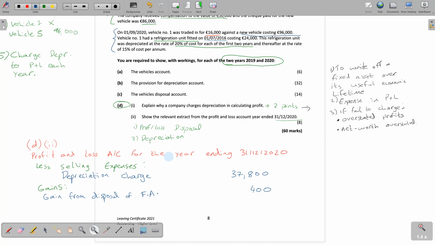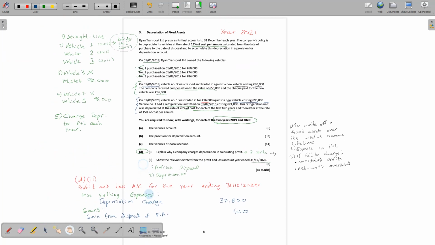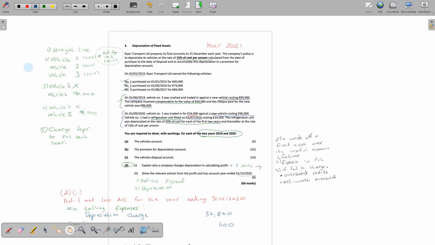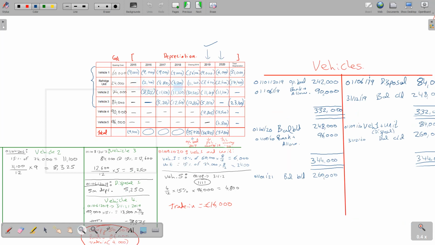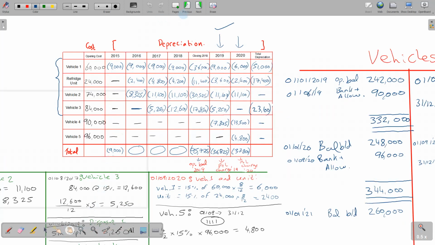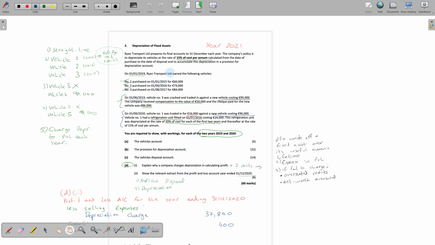So just to recap, I have the most important things here anyway. You need to read the question to create your table. For example, you'd have to read this and say, okay, I have vehicle 1, vehicle 2, vehicle 3.